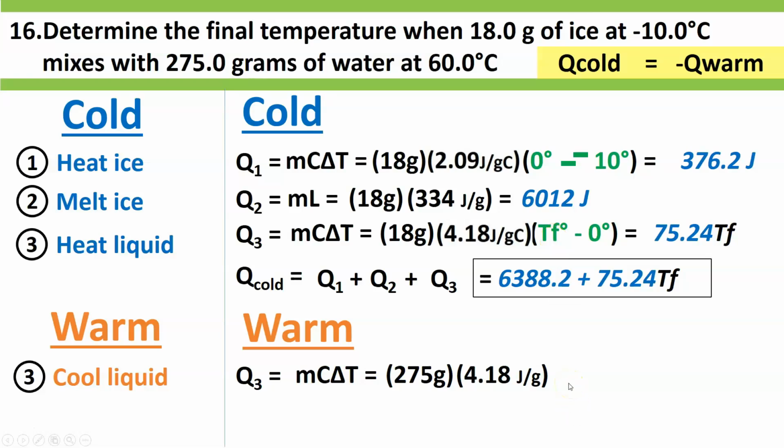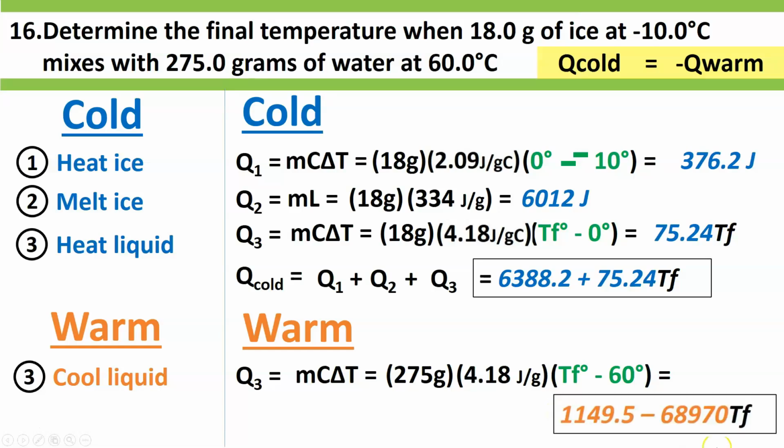We know that the warmer water started at 60. So that's what I get. Just like before, distribute it out. This one will be a little more complicated, because you have to distribute to the TF and you have to distribute to the minus 60. Just be a little careful.